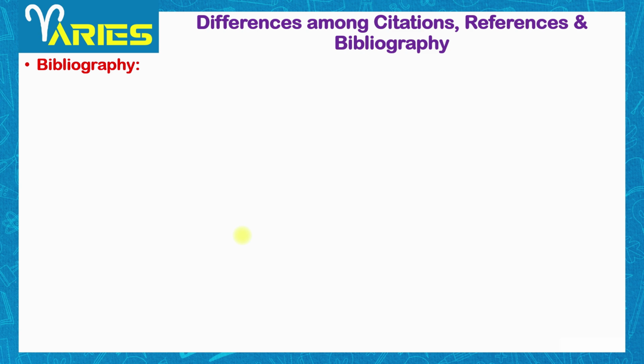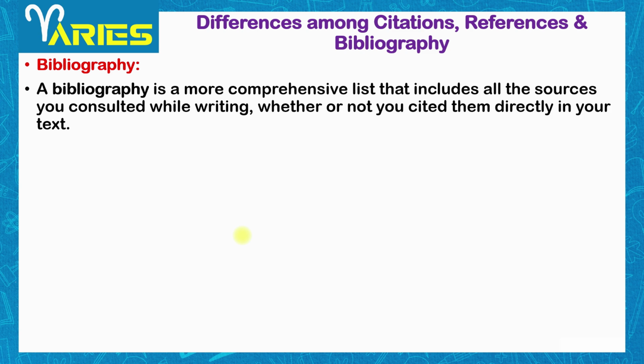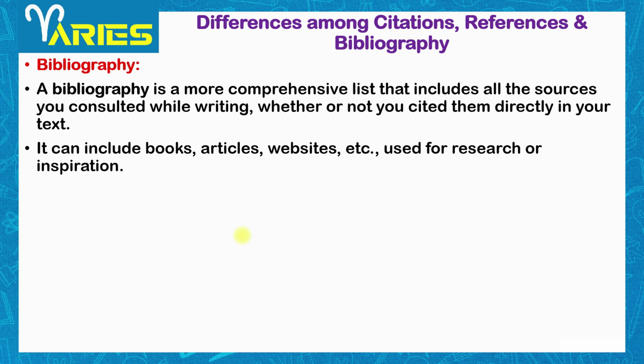And then bibliography. A bibliography is a more comprehensive list that includes all the sources that you have consulted while writing, whether or not you cited them in your text. So a bibliography would include all those things, whether they are cited or not. But if you consulted it, you will mention it in the bibliography.